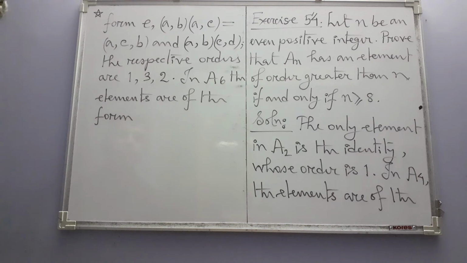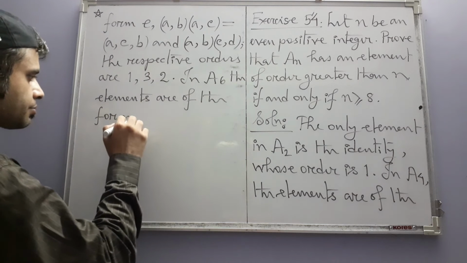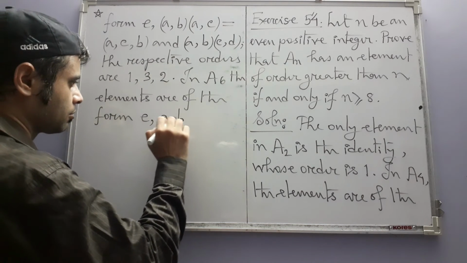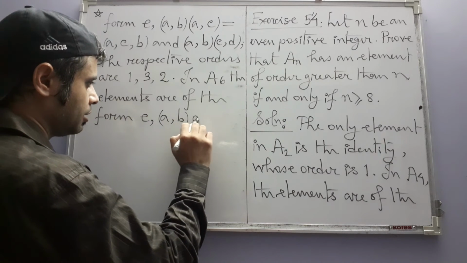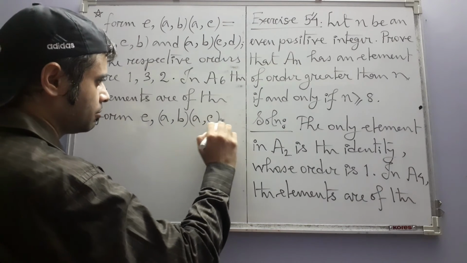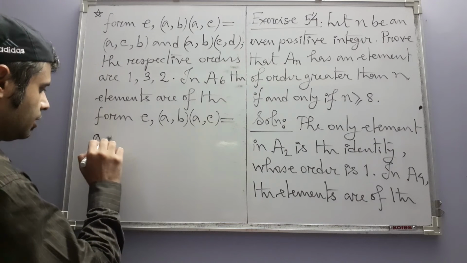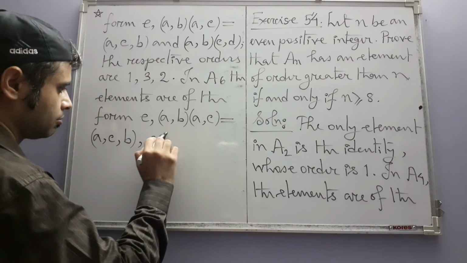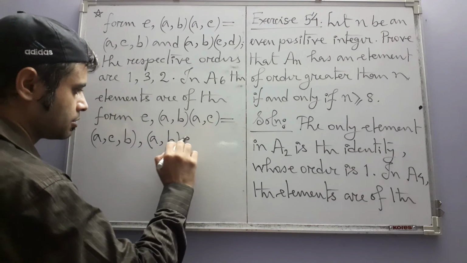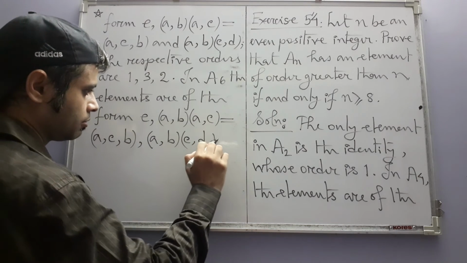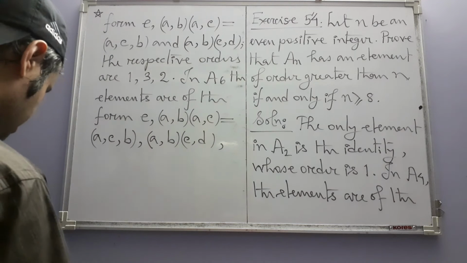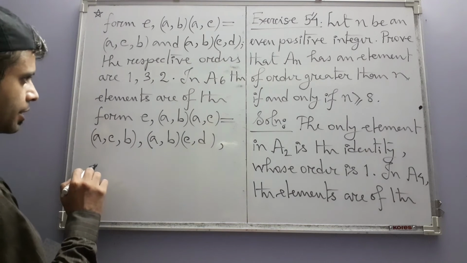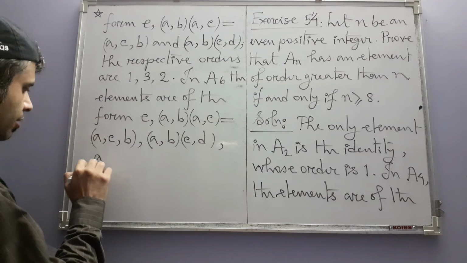In A6, the elements are of the form E, again like before, AB, AC, which will be equal to ACB, then ABCD, but there are others also. For example, there will be a 5 cycle.